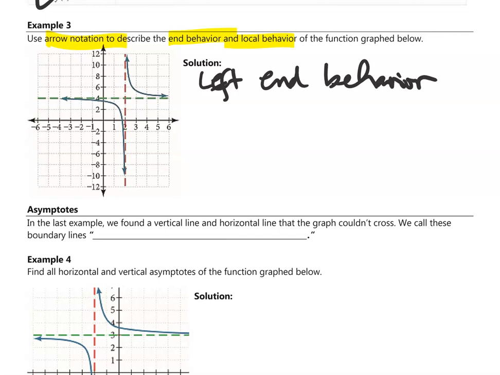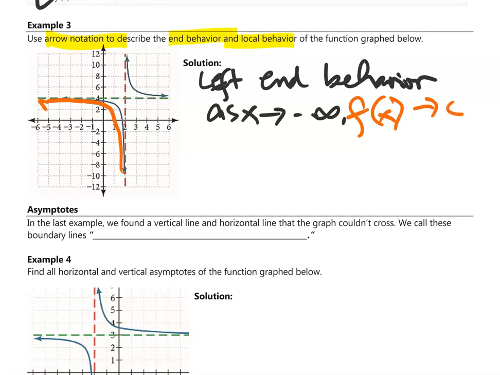As x approaches negative infinity, if you follow this, what value of f of x, or what value of y, is it approaching? That is approaching 4.